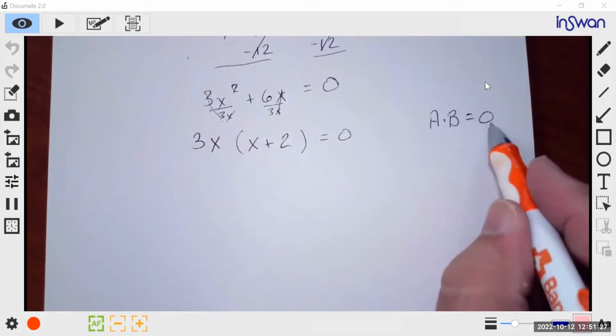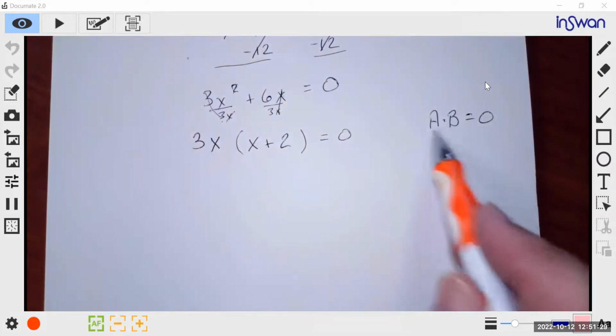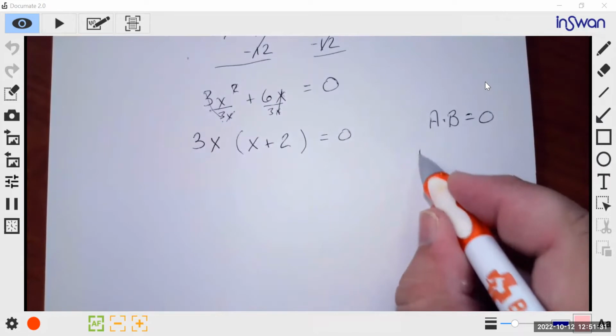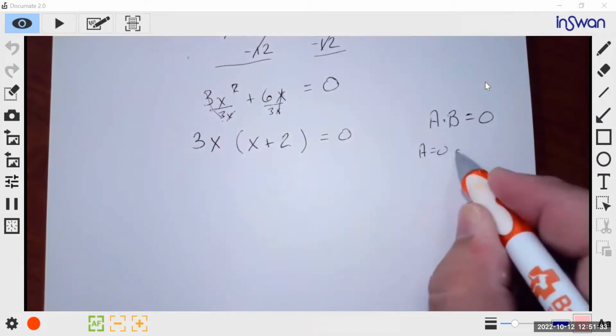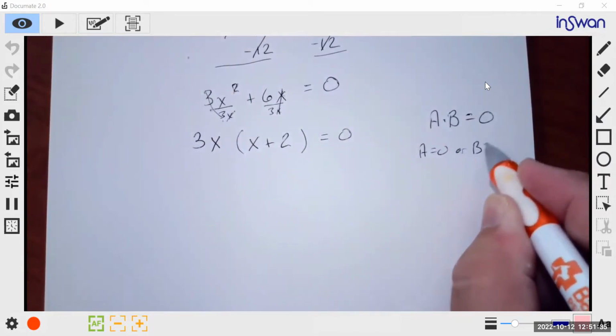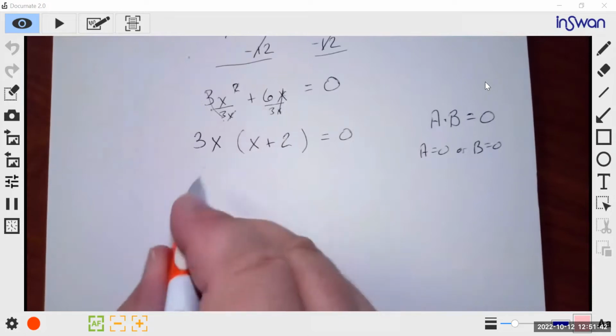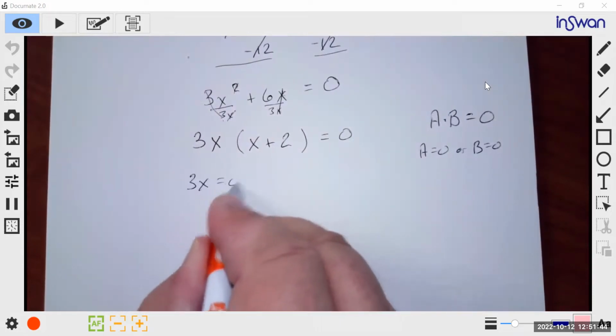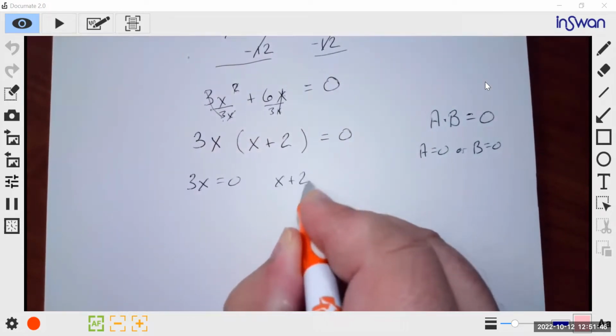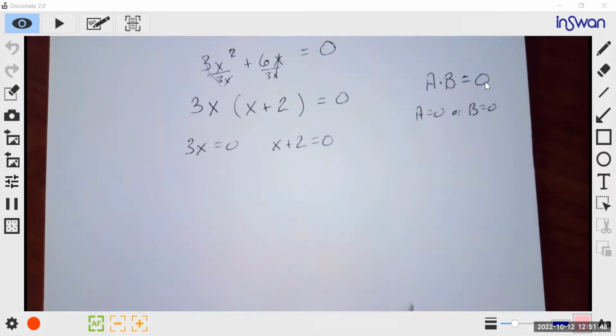One of them has to be 0, or they both have to be 0. Since we don't know which one, we set them both equal to 0 and work them out.